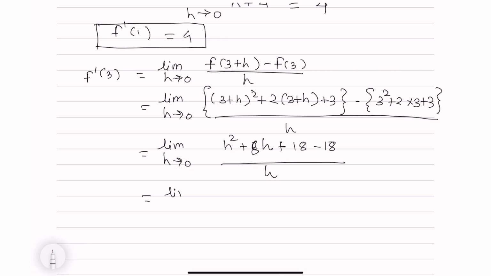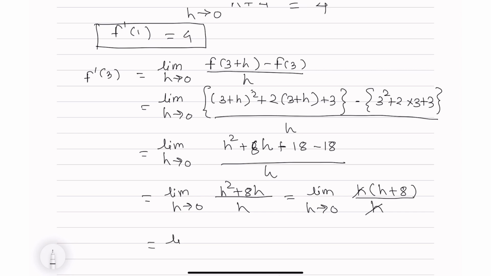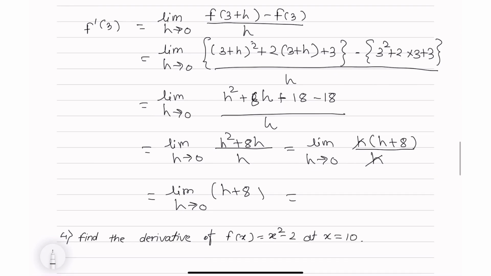So we get here limit h tends to 0, h square plus 8h divided by h. So here we are taking h common, limit h tends to 0, h plus 8 divided by h. So limit h tends to 0, h plus 8. So we get the answer is 8. So derivative at 3 is equal to 8.